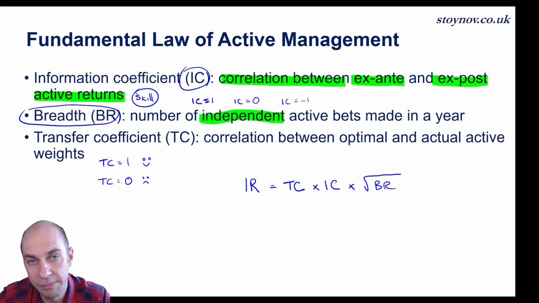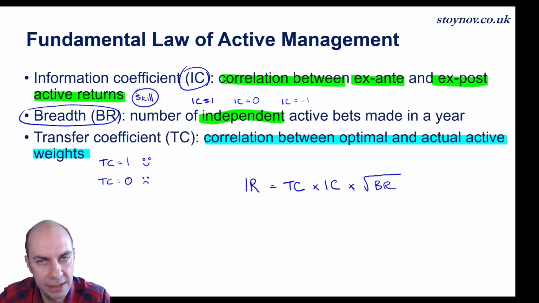They may ask me how to compute the transfer coefficient. Well, that also can be computed as a correlation, but here it is the correlation between the optimal and the actual active weights. So ex ante, my manager is seeing an optimal weight, but the actual weight is different. Why?